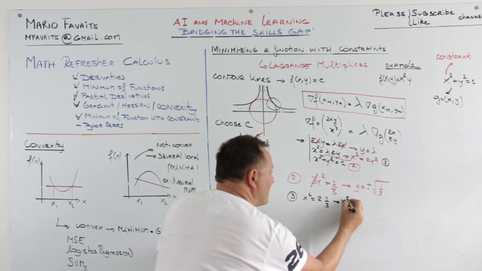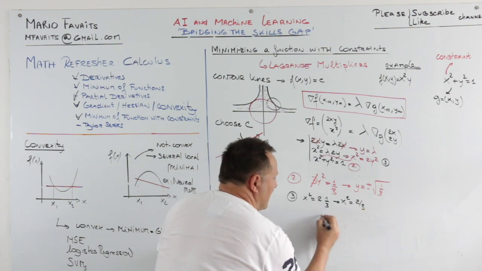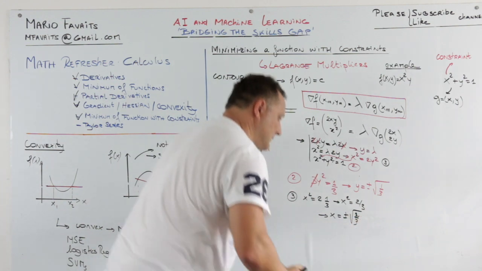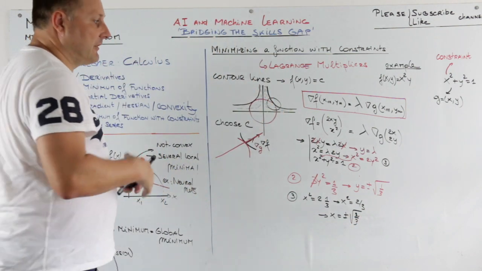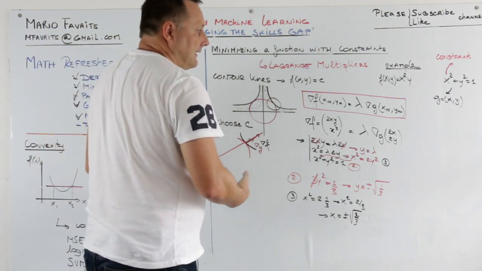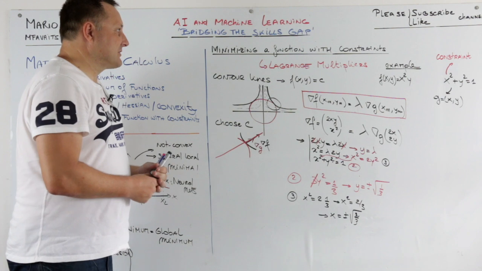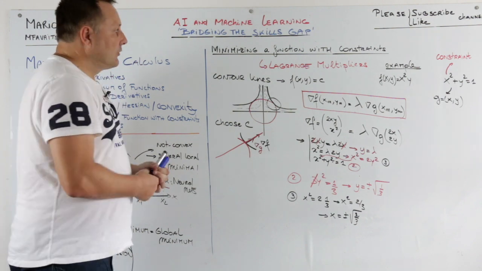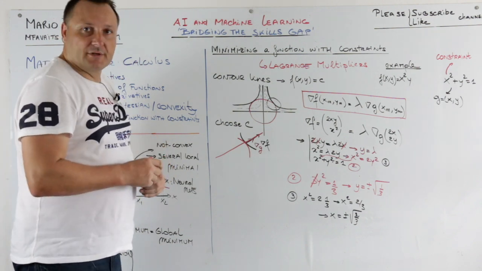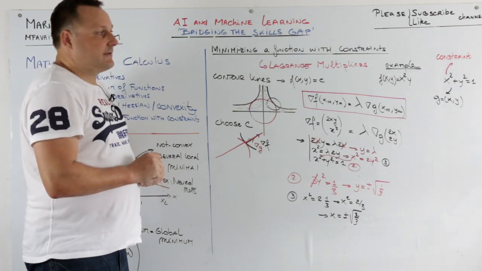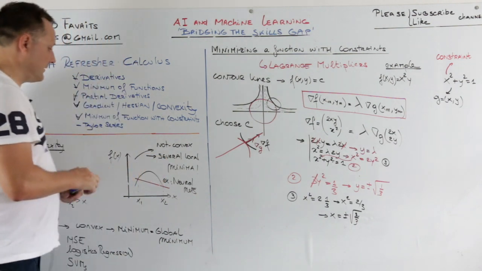That means that x squared is 2/3. That means x equals plus or minus square root of 2/3. Okay, so we found x, y, and lambda. And that's how we will deal with minimizing a function with constraints. Okay, let's now take a look at the Taylor series as the last item of this refresher.